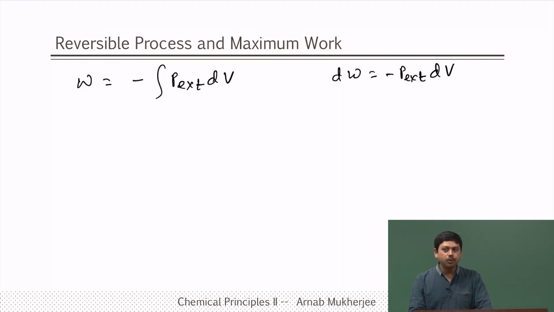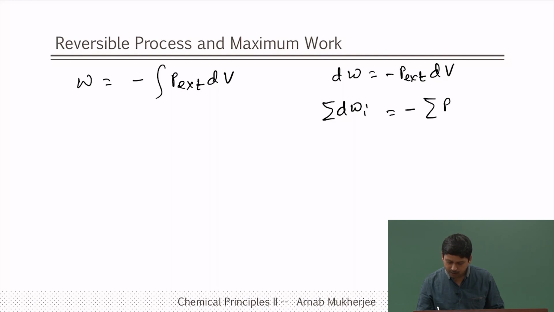Now, interestingly, when you change the V very, very small, P also changes in an extremely small way, and since P is changing a little bit, we can imagine that we are writing the total work done by changing the external pressure at every step of the way.